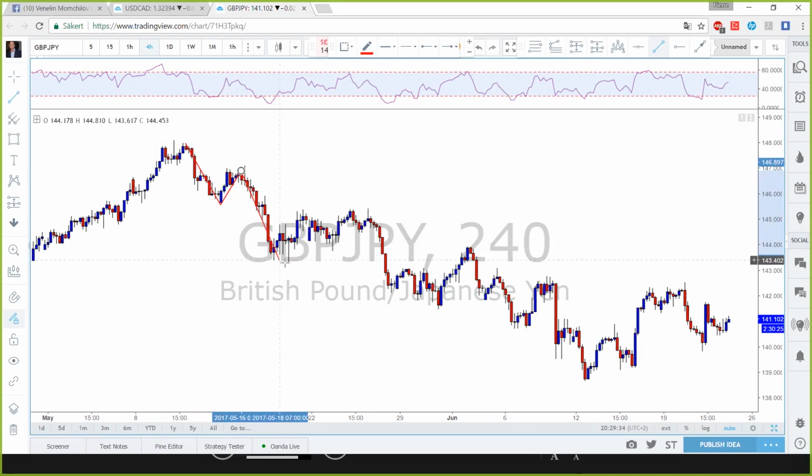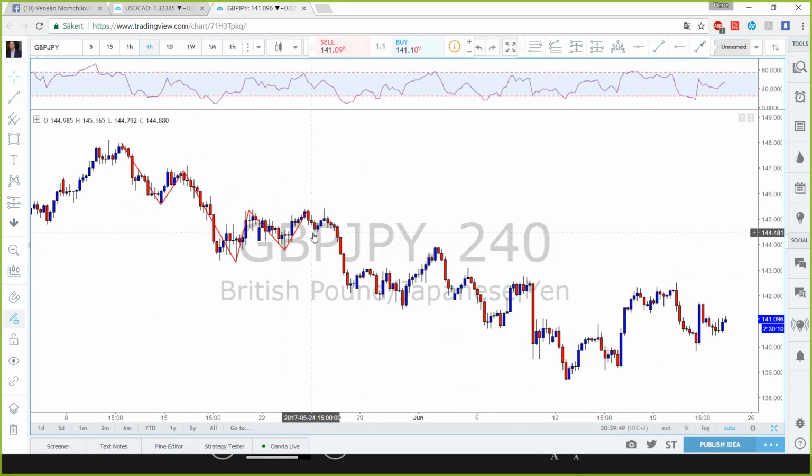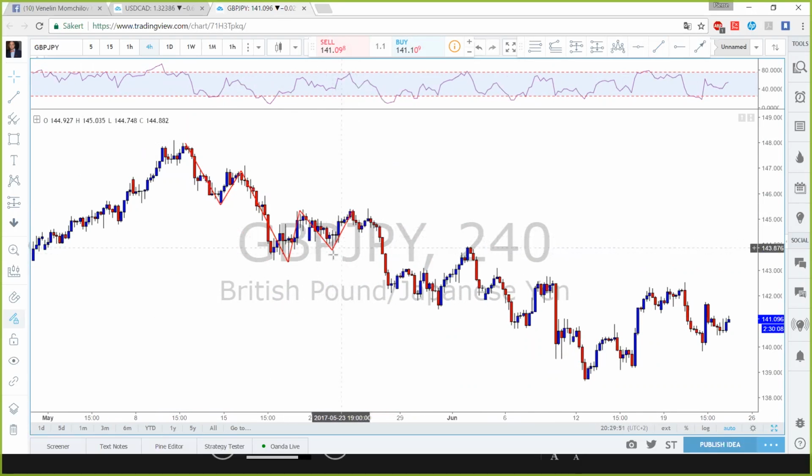Just take your tool here and draw them on the screen to train your eyes to see those things. You don't need to draw this low, because if you compare this low and this low, they are the same measure. And this low is our last major low.